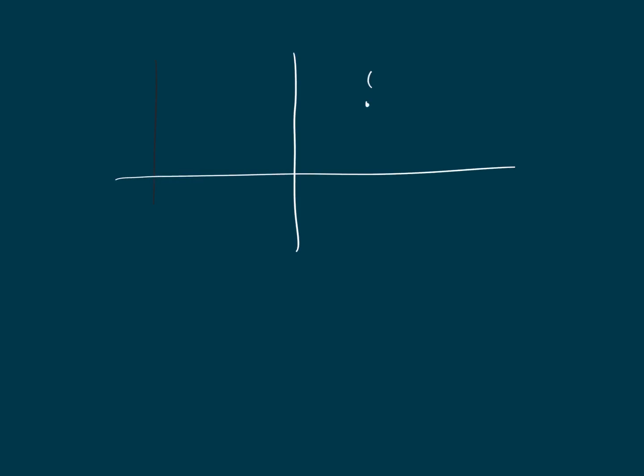So this point x and y says how many meters you have walked in the x direction. Let's say 3. So the x is 3. And how many meters you have walked in the y direction. So this is the y direction. Let's say 4. Okay, so the y is 4.